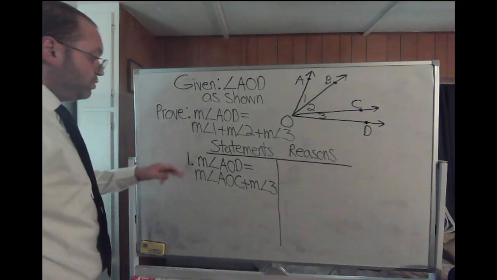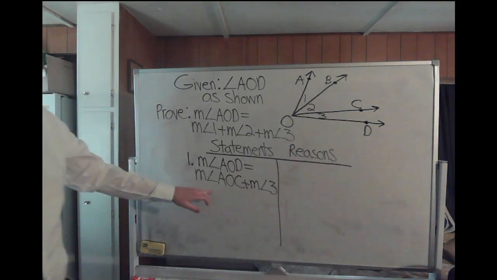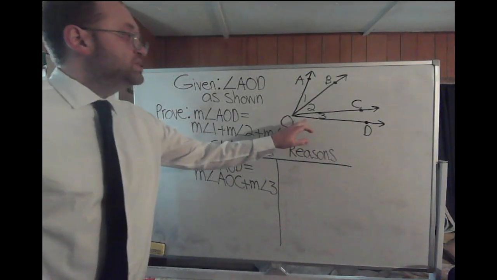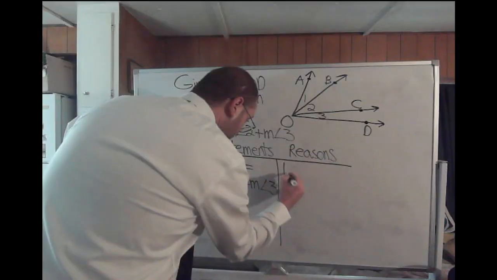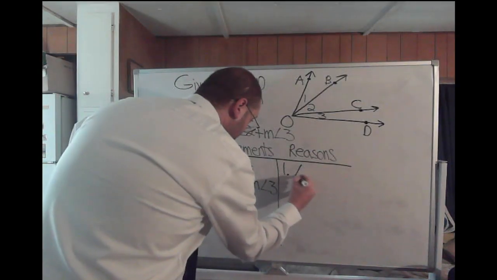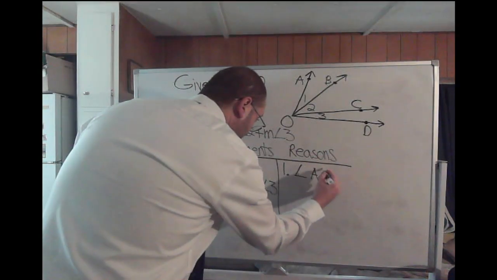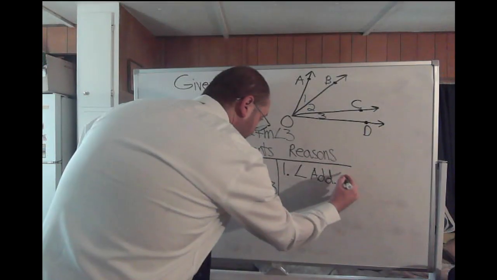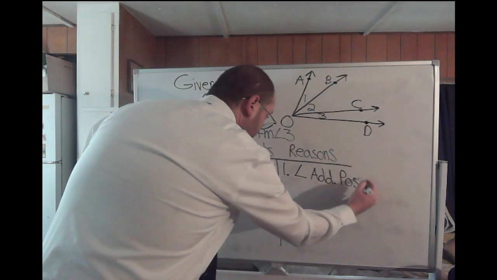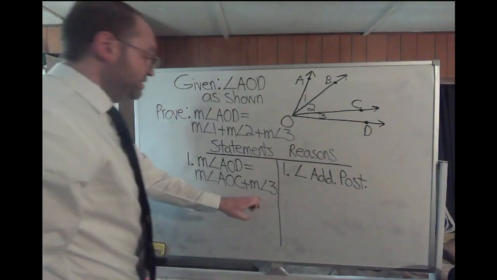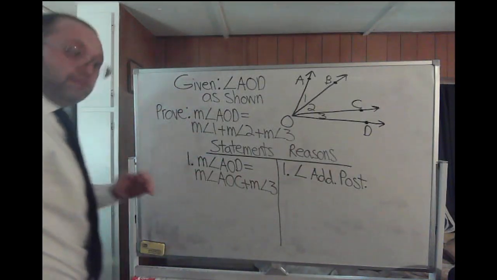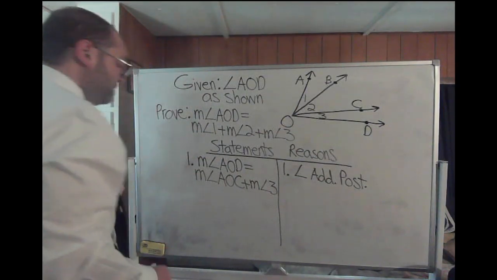So we have the measure of angle AOD is equal to the measure of angle AOC plus the measure of angle 3. By looking at the diagram here, we can say that's the angle addition postulate, right? That's how I abbreviate the angle addition postulate. You add up the measure of angle AOC plus the measure of angle 3, that's done by the angle addition postulate, okay?